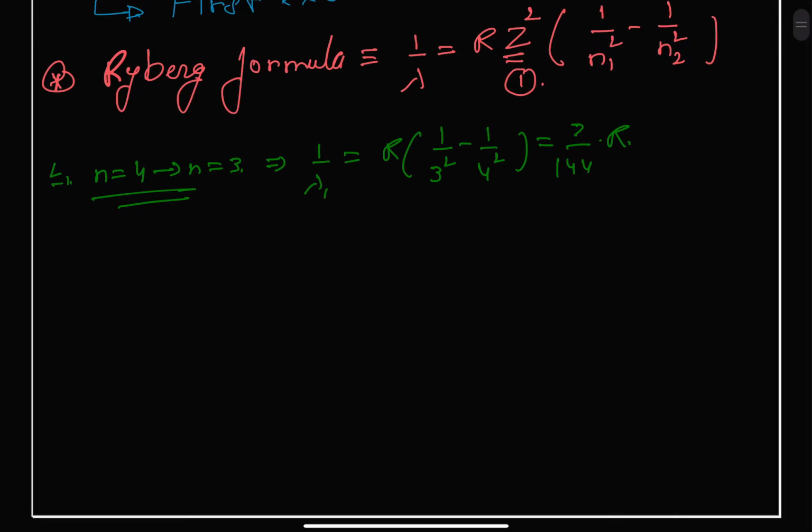Similarly, we can say that for n is equal to 3 to n is equal to 2.